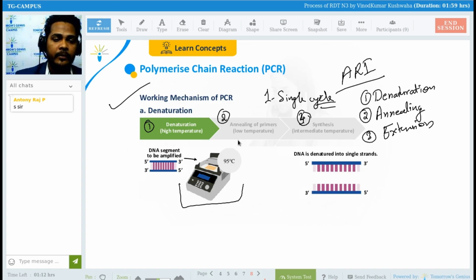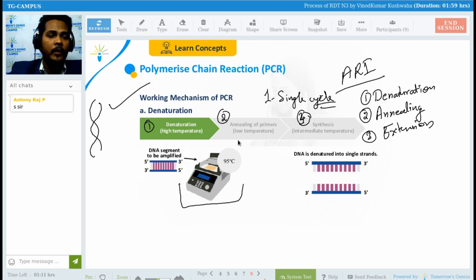Now let's understand what denaturation is. When I say denaturation, it means melting of the target DNA. Suppose you have your desired DNA; you first need to melt it. Melt means it is double stranded, and you need to separate it into single stranded. To separate the DNA is denaturation. But you cannot just hold it with two hands and tear it apart.